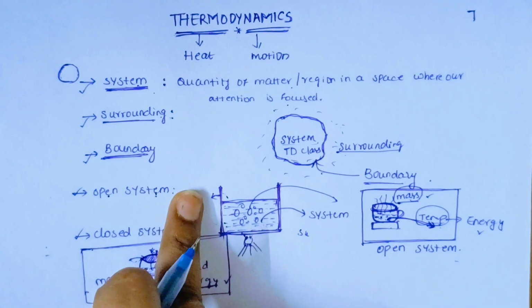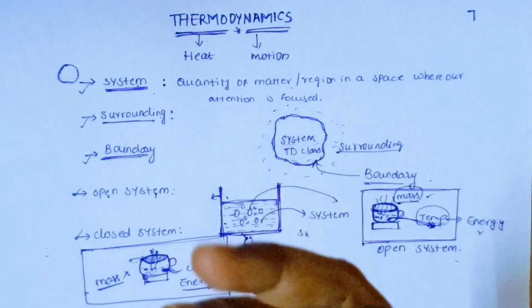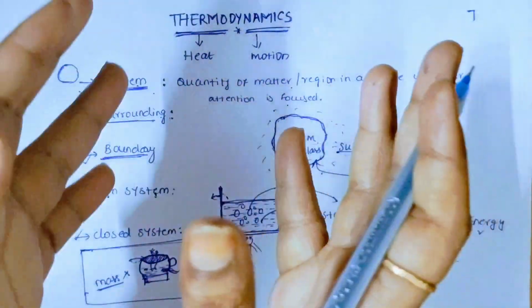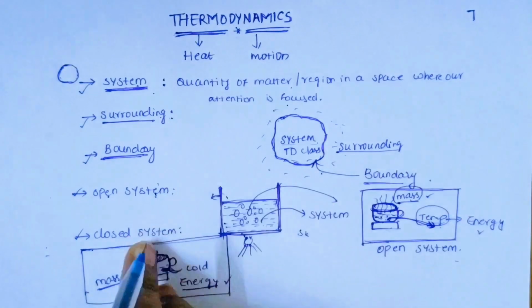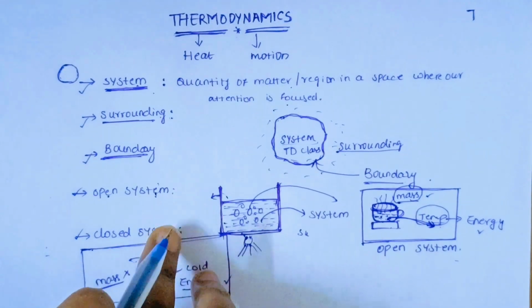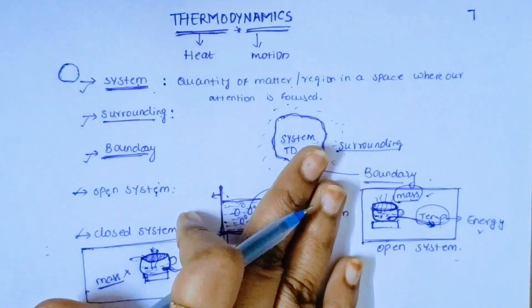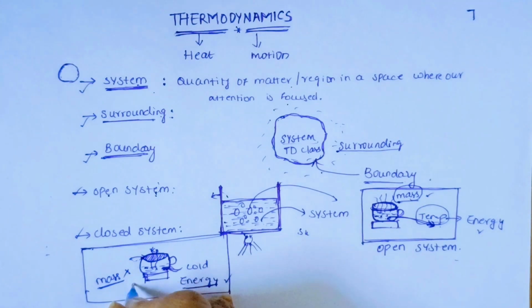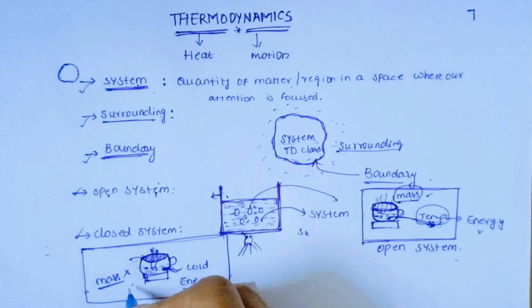If you want an example of an open system in thermodynamics, we have turbines, compressors, pumps, condensers, boilers, and heat exchangers. These all come under open systems. A closed system is one in which there is no mass transfer between the system and the surroundings, and the mass of the system is constant.